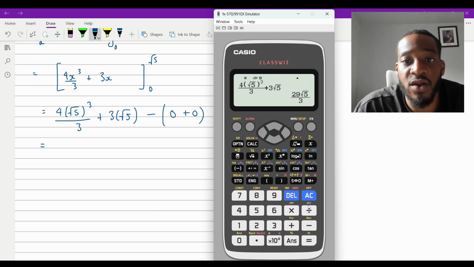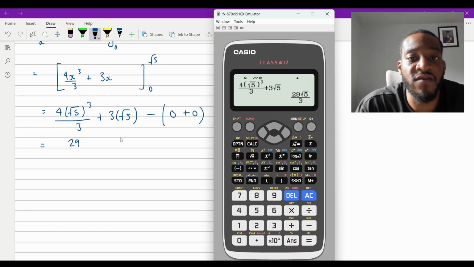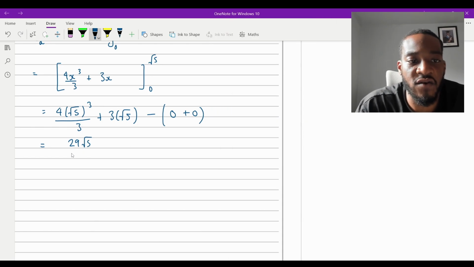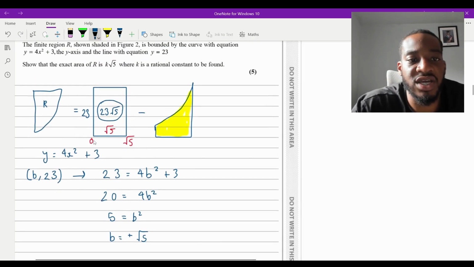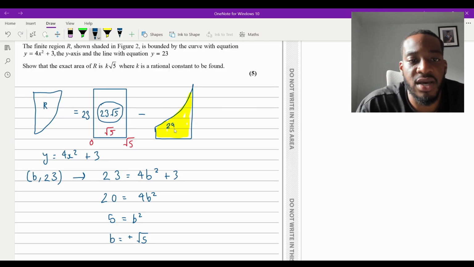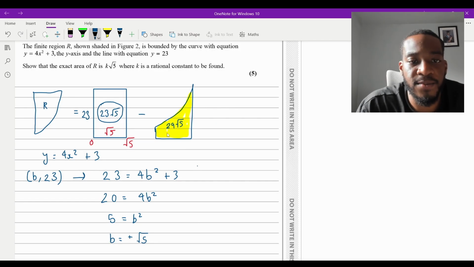This gives me 29 root 5 over 3, sorry. 29 root 5 over 3. That is going to be our answer to this area here. Let me just double check what it was. Yeah, 29 root 5 over 3.